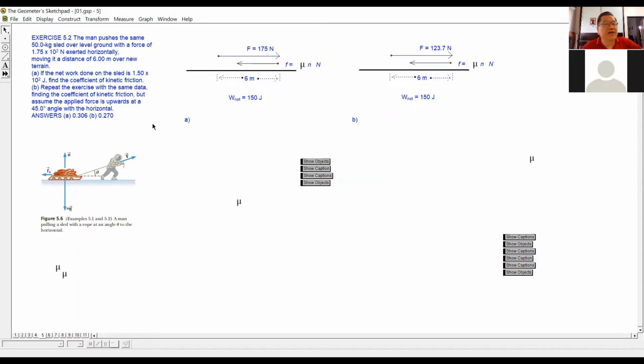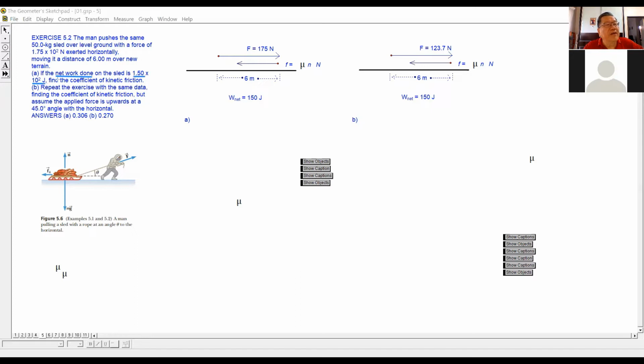That is what they're trying to say, right? And also this time, instead of giving you the coefficient of friction, they give you the net work done. Net work done is 150 joule.